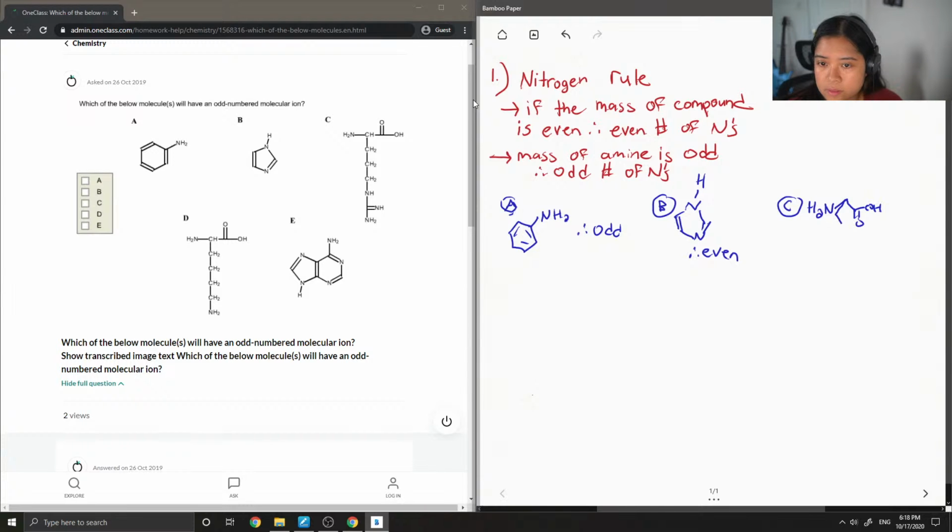So there's 1, 2, 3. This one is going to be even as well, since there are 4 nitrogens.